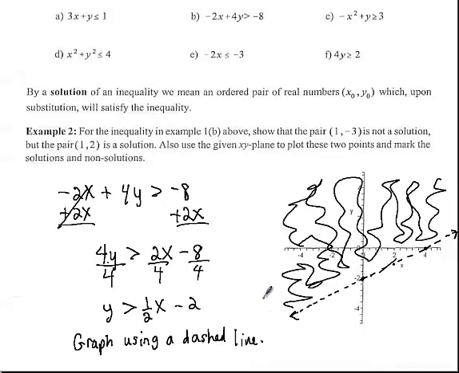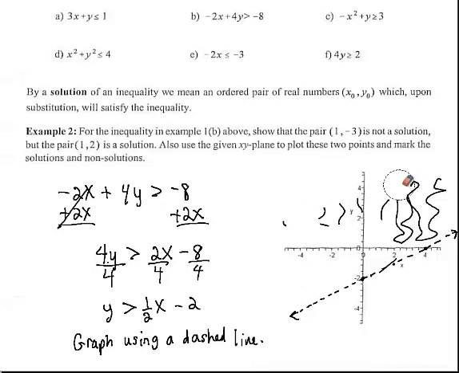Okay, if you had gotten confused about which area to shade, the top or the bottom, then what you could do is fall back on the two ordered pairs that we were given in the beginning. We actually tested the point 1, 2, and the point 1, 2 is located right there.